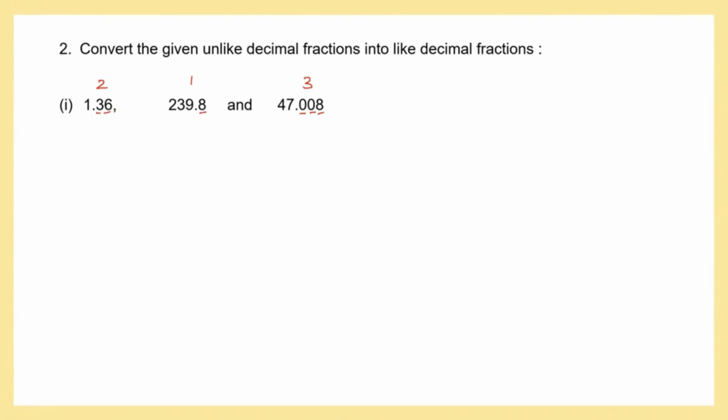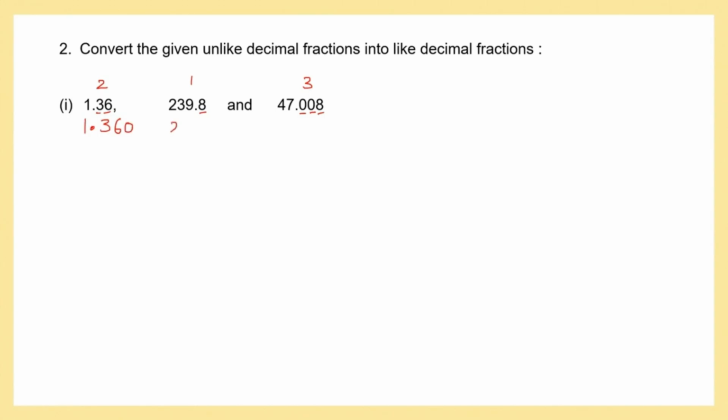Now, to convert these unlike decimal fractions into like decimal fractions, we just need to add a 0 to the right of the decimal part. So let's start with the first number, 1.360. We have to see that all numbers have the same number of decimal places.